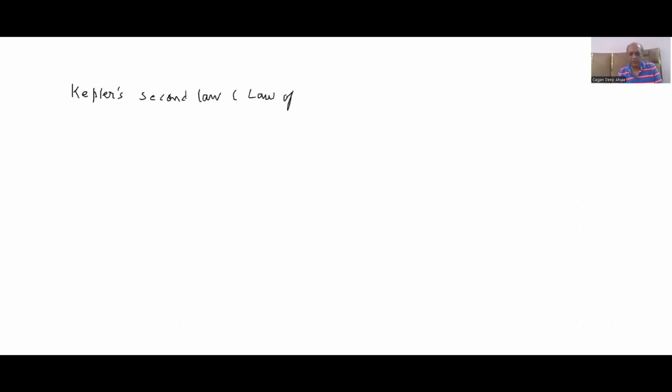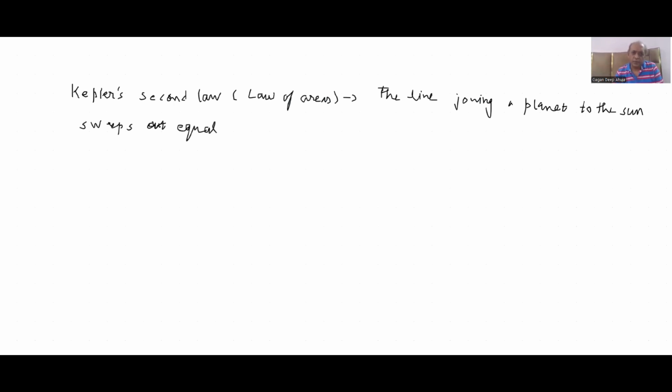According to this law, the line joining a planet to the sun sweeps out equal areas in equal intervals of time.